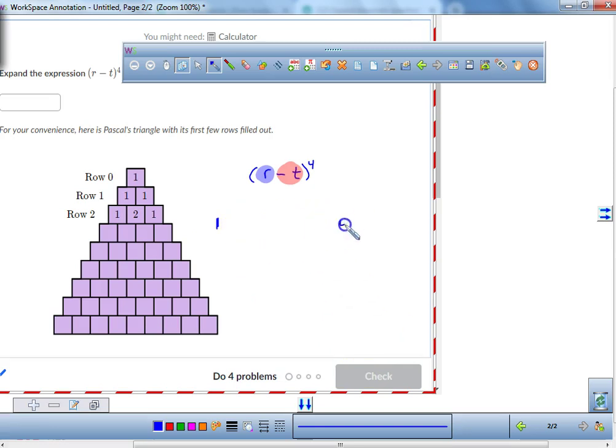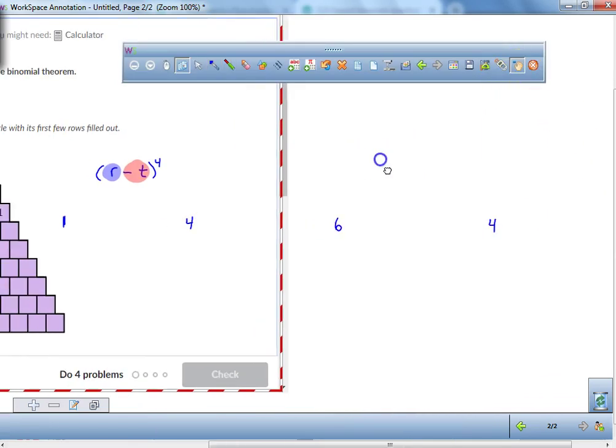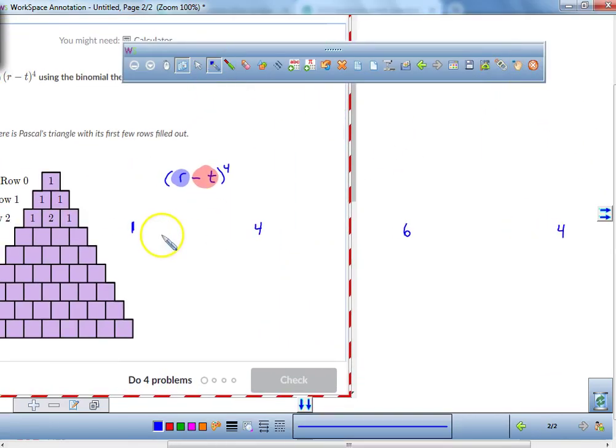We have a 4, and then we have a 6, a 4, and finally a 1. I'm just giving myself some space here. So what are we going to start with? We have, I'm going to do parentheses. We're starting with r, and we're doing it at the power of 4. And that's a 1. We're doing negative t to the power of 0.